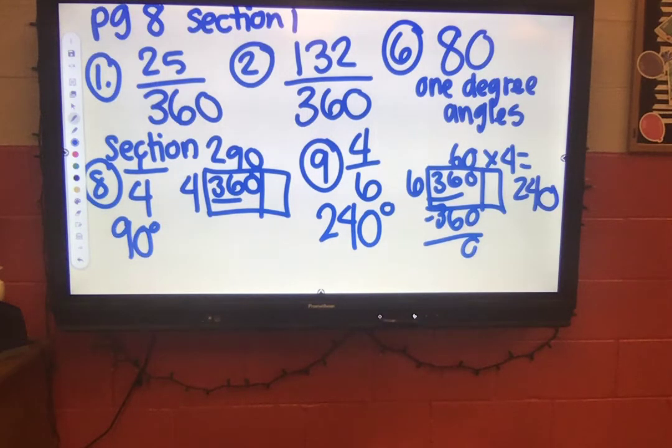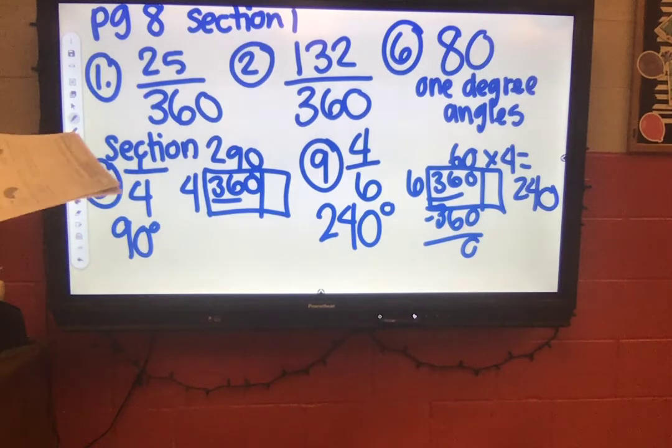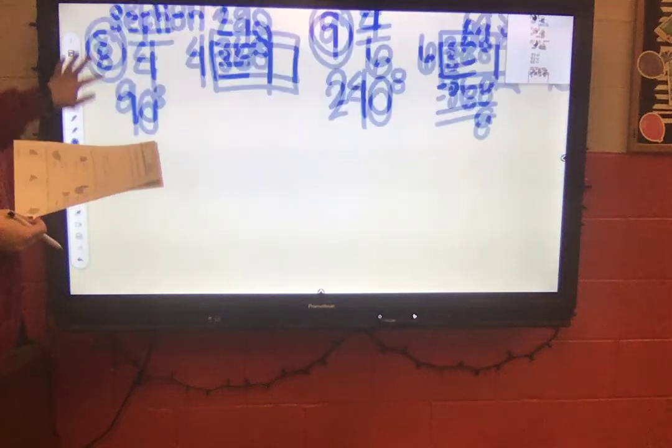Okay, number 12 through 14. All you're doing is writing the total number of degrees. You're not even doing the fraction. So we'll do number 12. We have 2 out of 8.